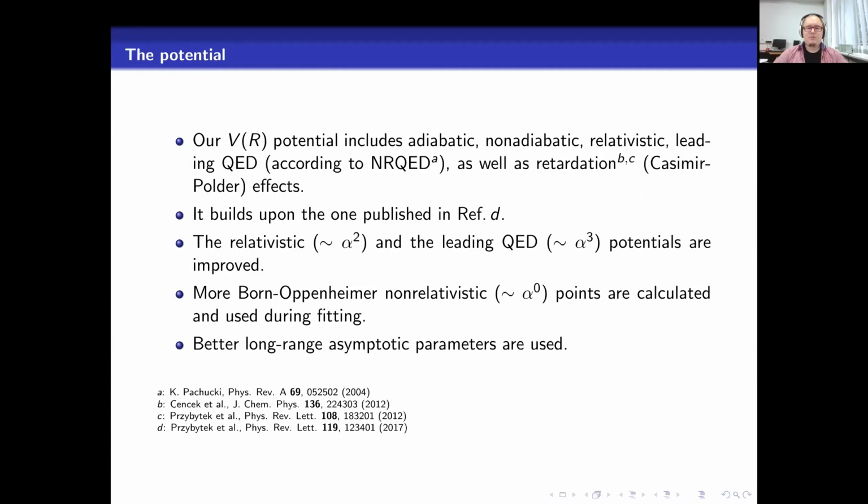This potential actually builds on the 2017 potential by Michał Przybytek et al. It improves the components, recalculates them, so it's maybe nothing new physically, but we improved the reliability of the potential.